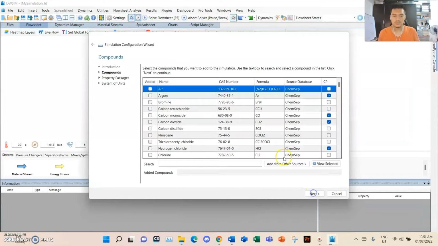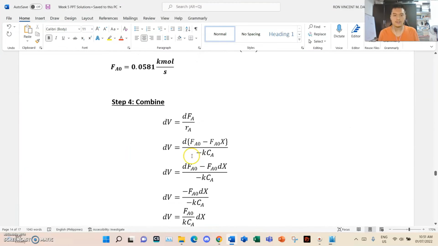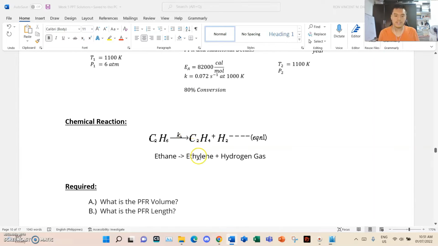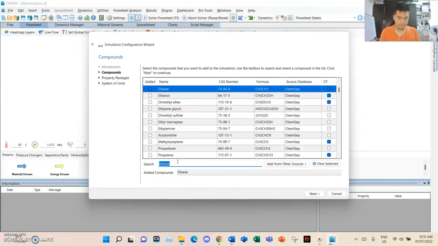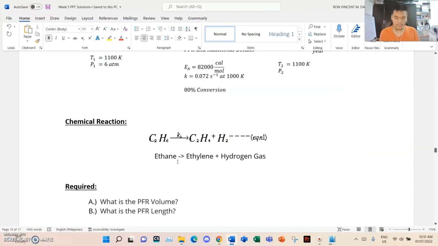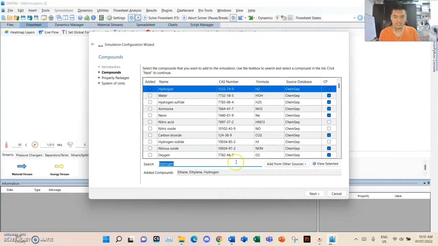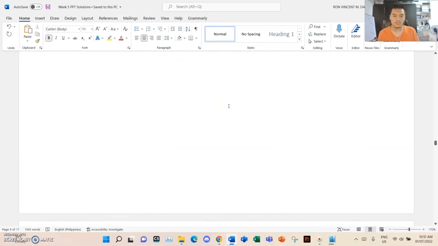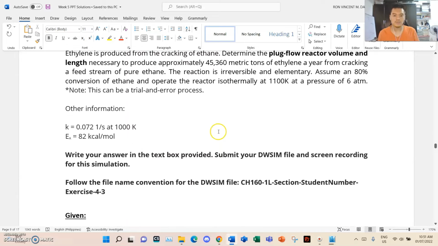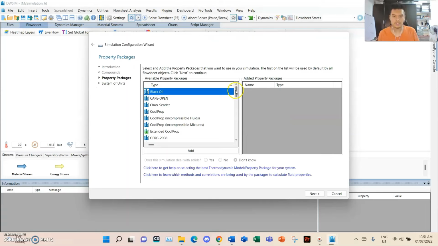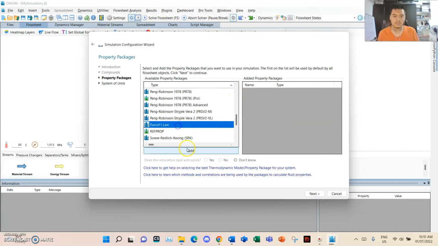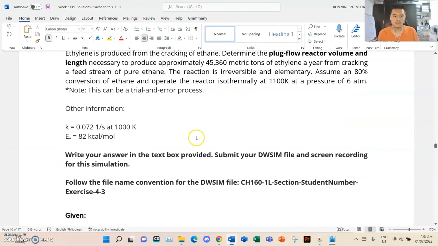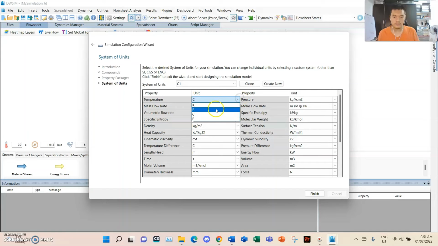So the general procedure, introduction, the compounds are, going back to the diagram, ethane, ethylene, and hydrogen gas. Property package, we'll just use Raoult's law here to simplify operations. For the system of units, for temperature we'll put Kelvin.